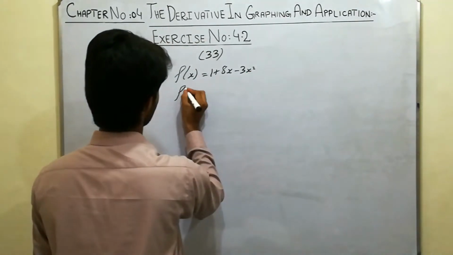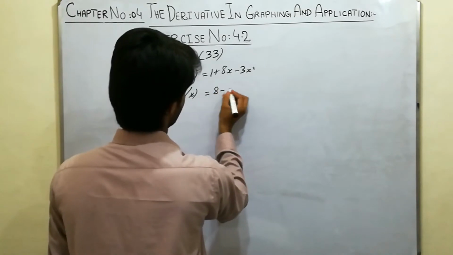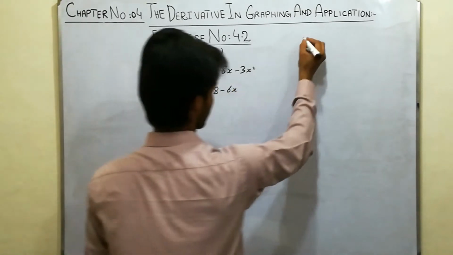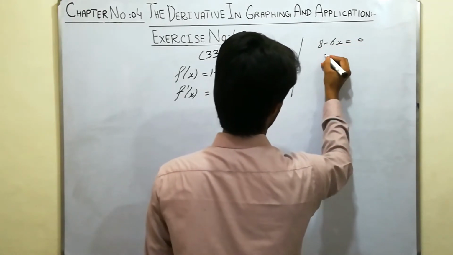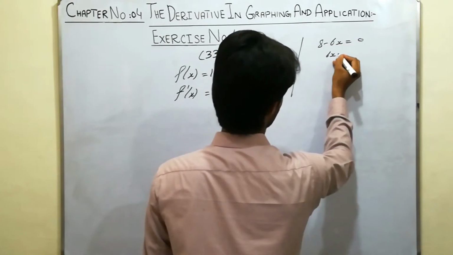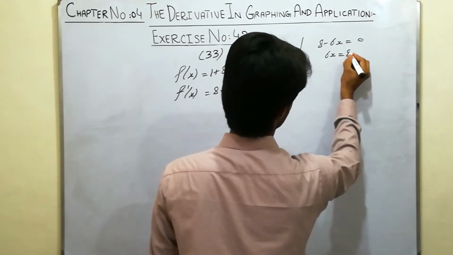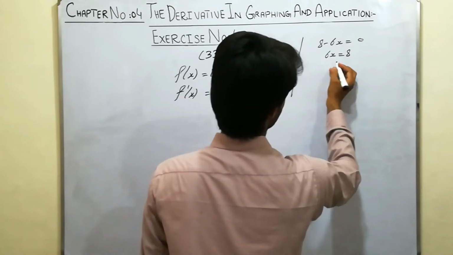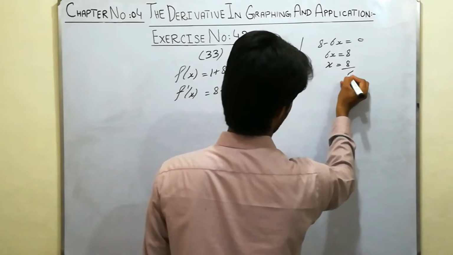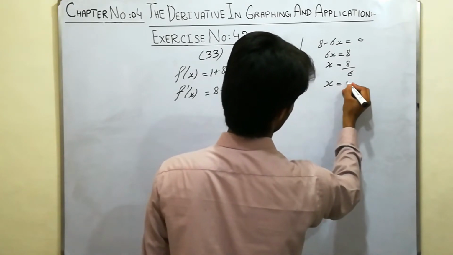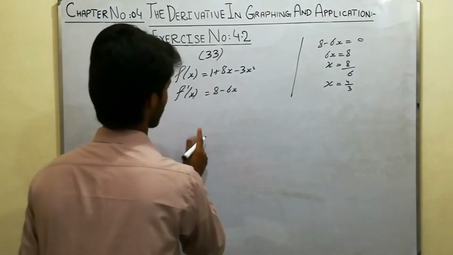Take the first derivative and put f derivative x is equal to 0. So x is equal to 4 by 3. These are the points from the first derivative.